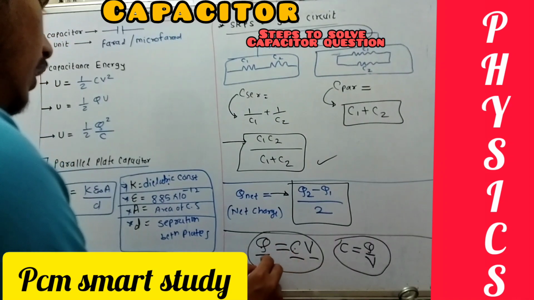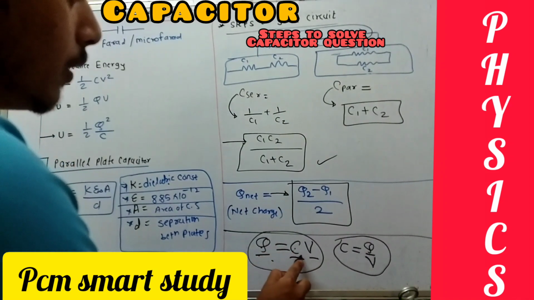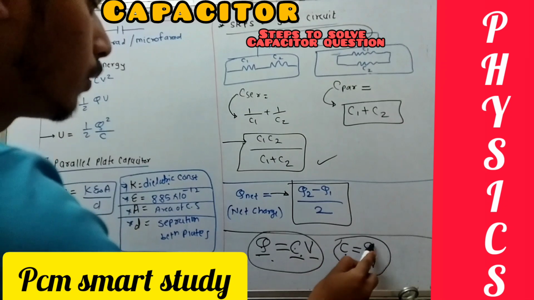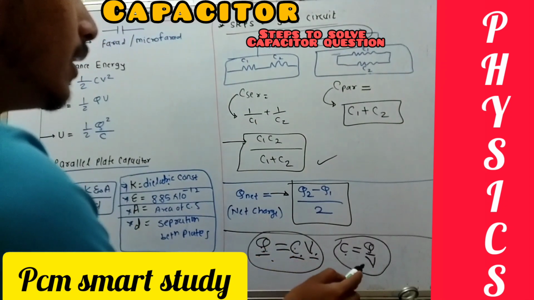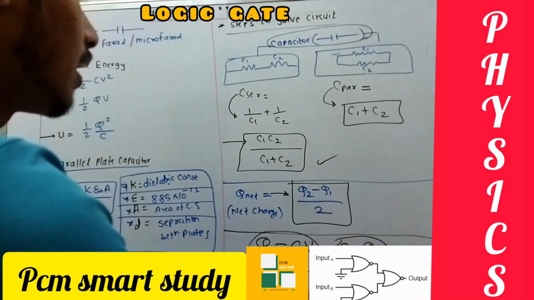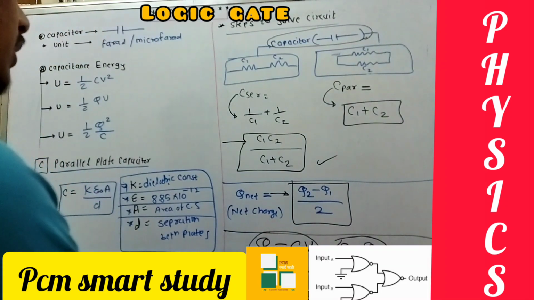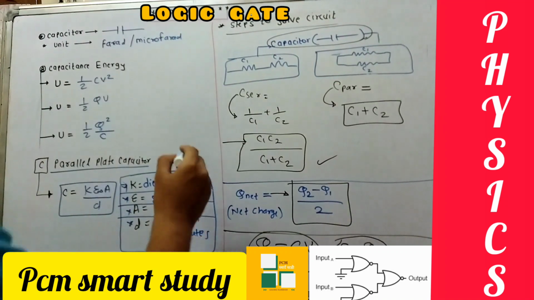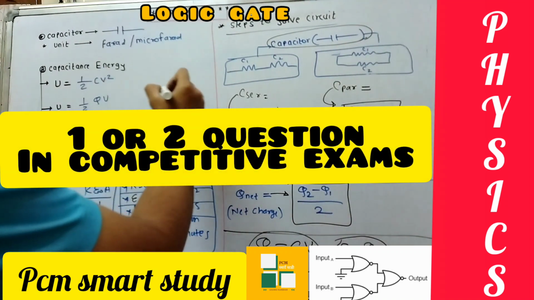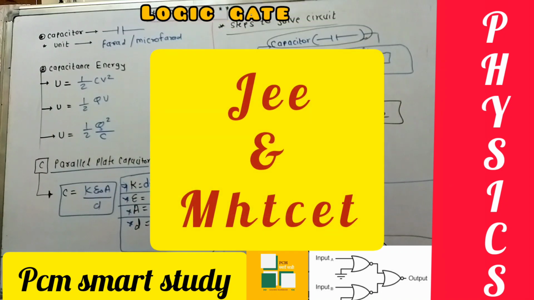Q is equal to CV for charge, and C is equal to Q by V for capacitance. This is an adjustable formula. This chapter is completed, and it is a very important chapter. In this chapter, 1 or 2 questions are asked in JEE and in MHT-CET.